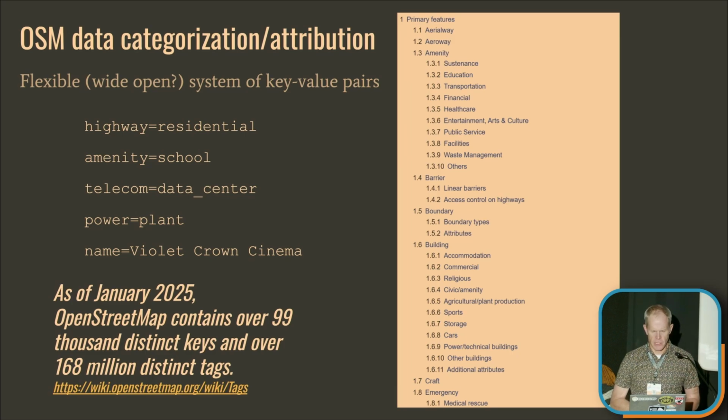So the attribution system that's in place in OpenStreetMap is incredibly flexible. Okay, it's practically wide open. It's a system where any object can have any number of key value pairs attached to it, tagged on that object, and that is the system.